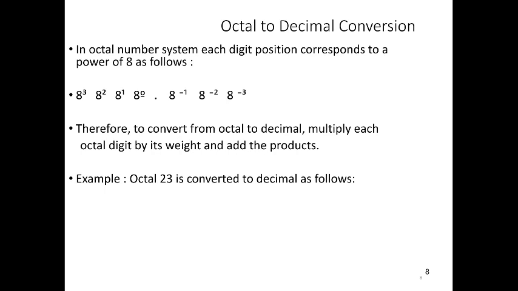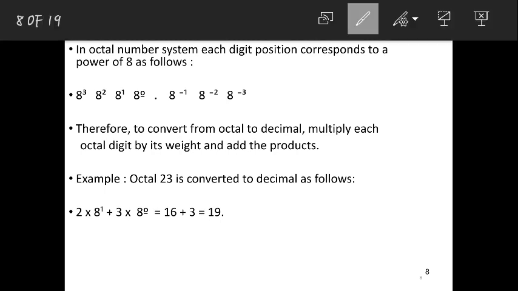For example, octal number 23 is converted to decimal. They have given 23 as an octal number, and we need to convert that into a decimal. See, 2 is in this position and 3 is in this position, and after the point you don't have any fraction part, only 23.